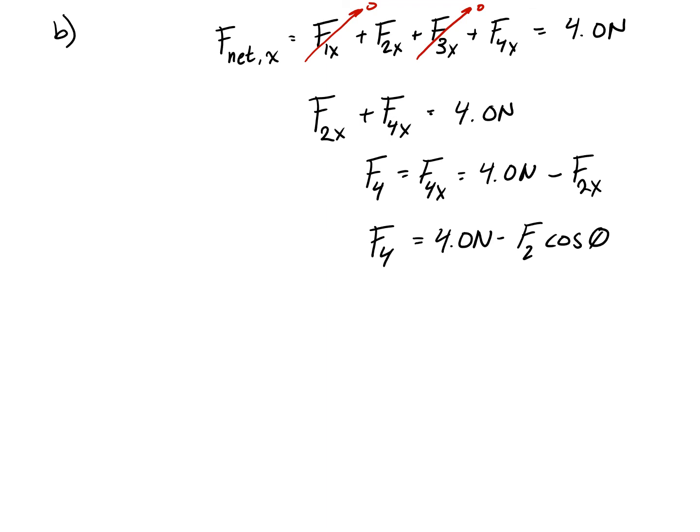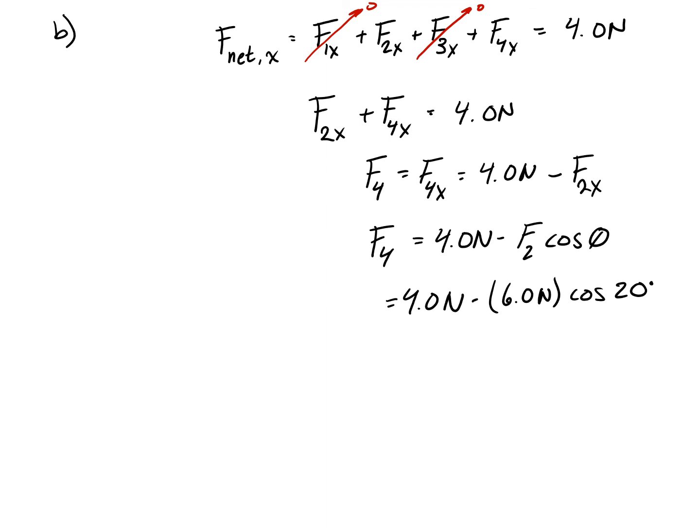We already used the y direction information when solving for force 3. So we don't need to include it here. We only want the x component of force 2, thus needing that cosine theta portion. So that's going to be 4.0 newtons minus 6.0 newtons cosine of 20 degrees.